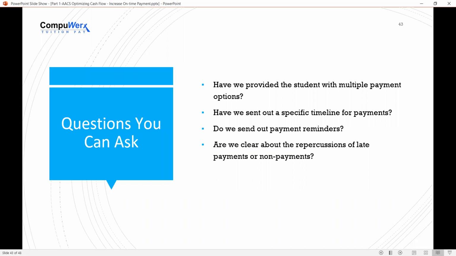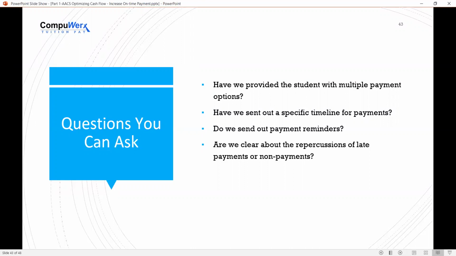I want to make it really clear for the last point, because we work with many schools, and some schools don't have a policy on their late payment or non-payment fees. So therefore the student does not pay, or they just delay the payment.